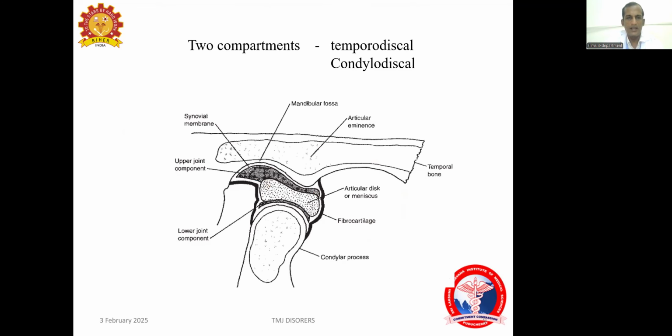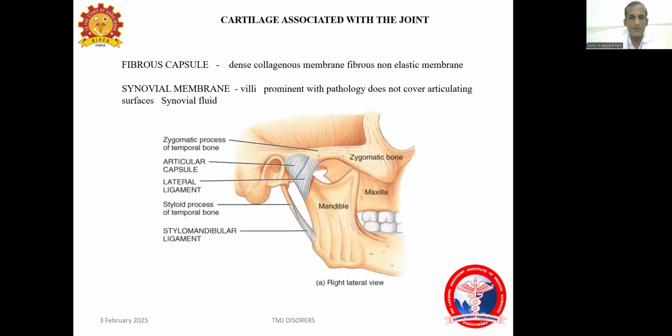And before going into these temporomandibular disorders, just a quick review of the sagittal section of the temporomandibular joint. The articular disc divides the joint space into upper and lower compartments. Now we have to bother about the muscular attachments also.